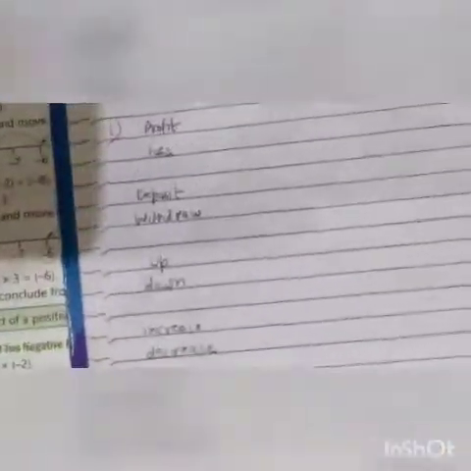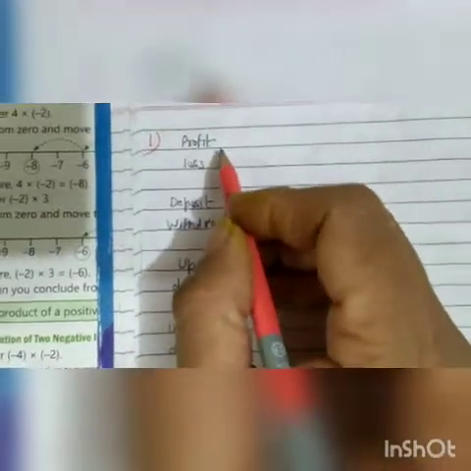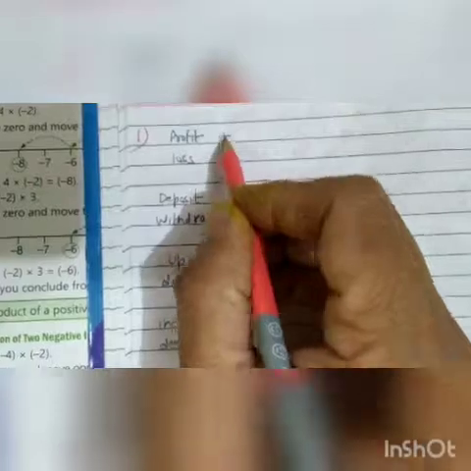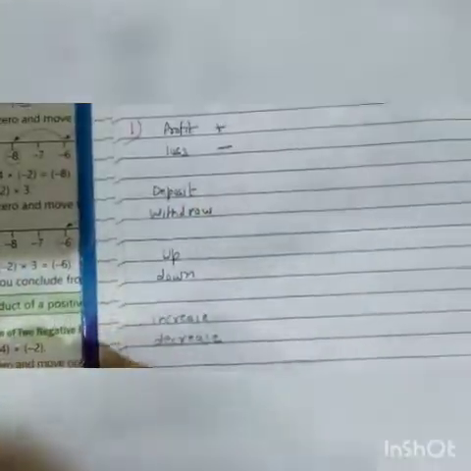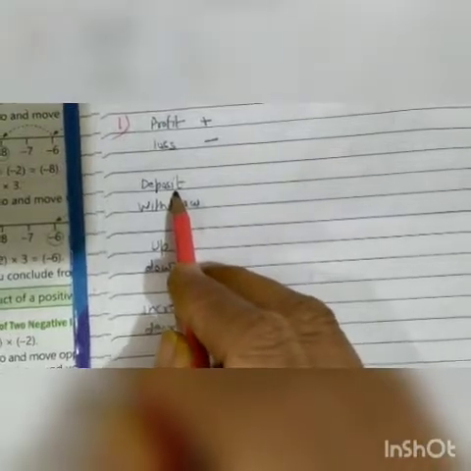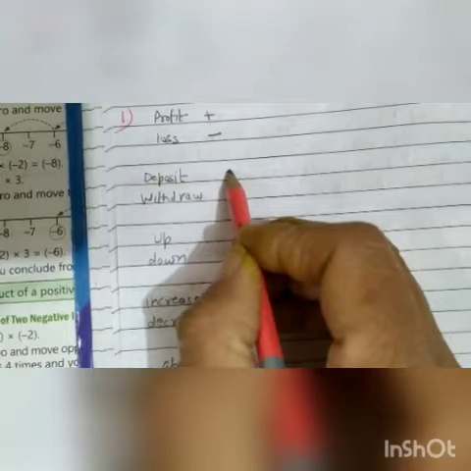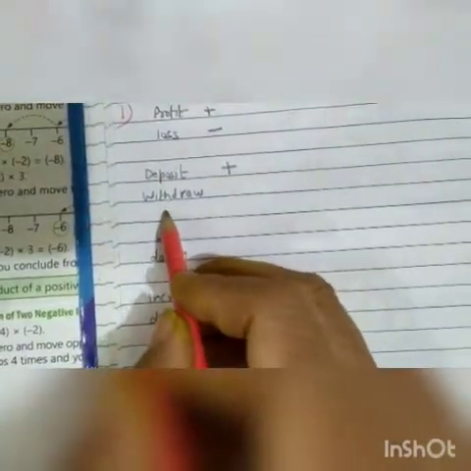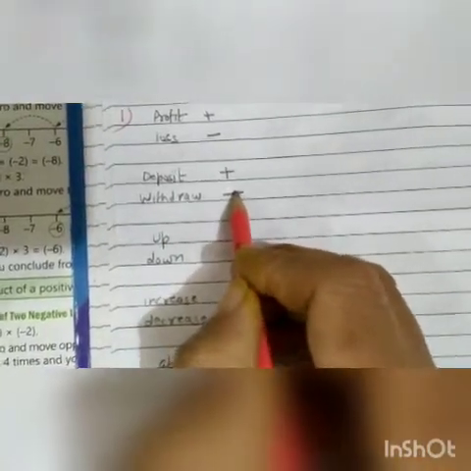See here also I have written, if we are getting profit in any business, then we will show our profit with a positive sign. If we are getting loss, then we will show it with a negative sign. If we are depositing money in our bank account, then we will show the deposited money with a plus sign. But if we are withdrawing money from our account, then it will be shown with a minus sign.